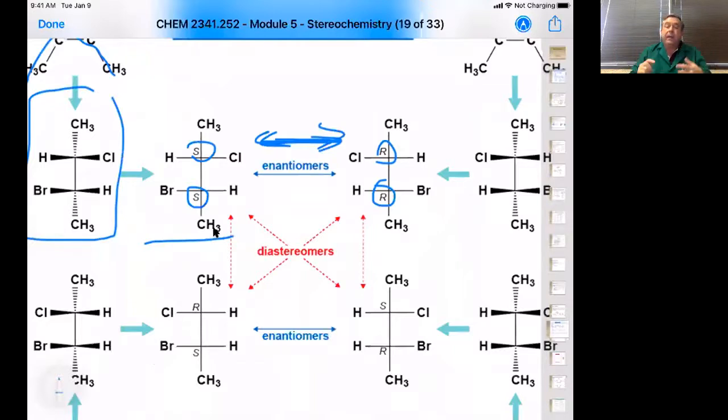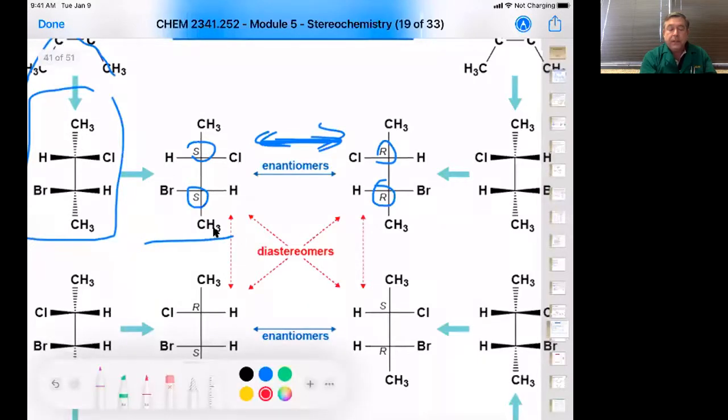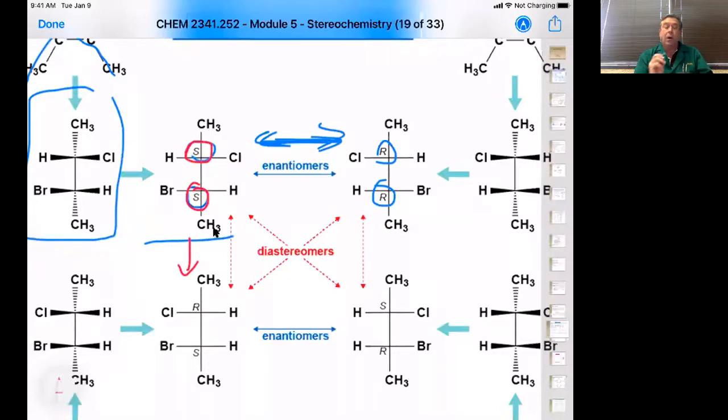The way we do that is we change one of the stereocenters to the opposite side. So let's look at that. So here we started with an S and an S. So to get to one of the diastereomers, all we do is convert one of them. We've converted this S to an R. This S stayed the same. So by converting one stereocenter, we now have the first of our diastereomers.